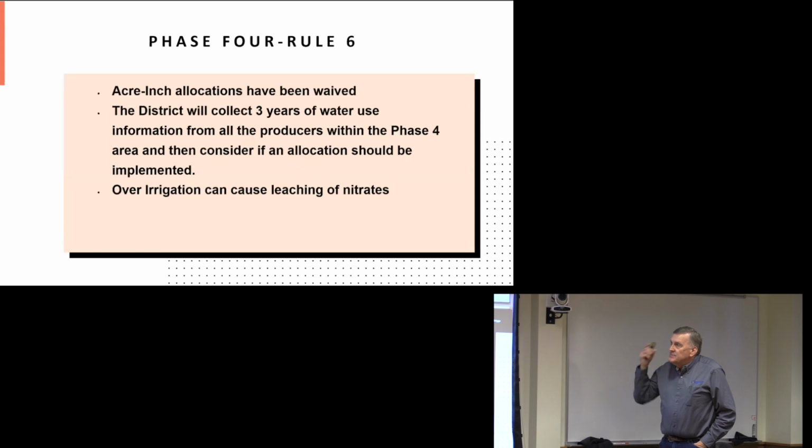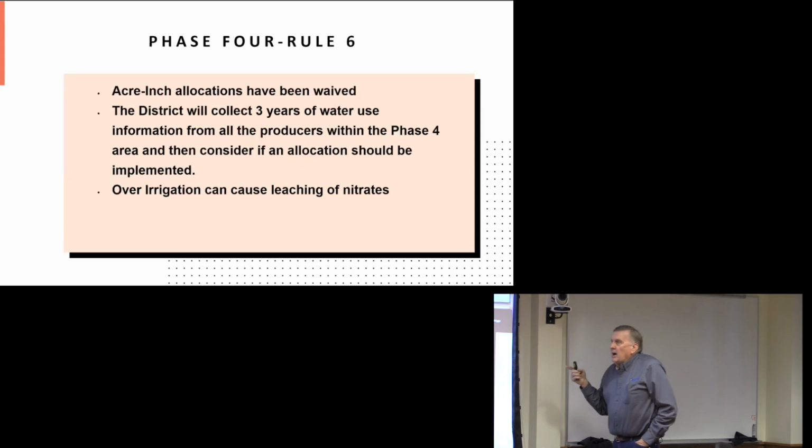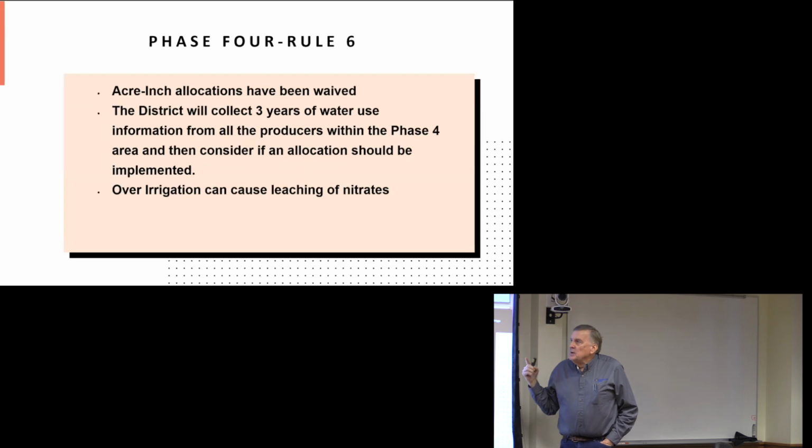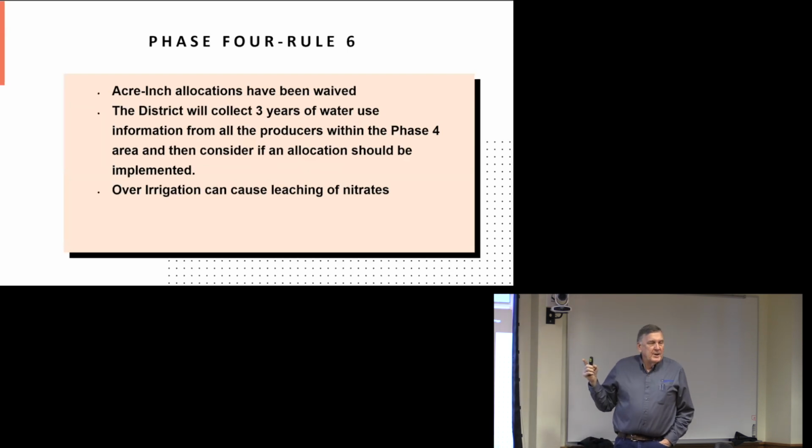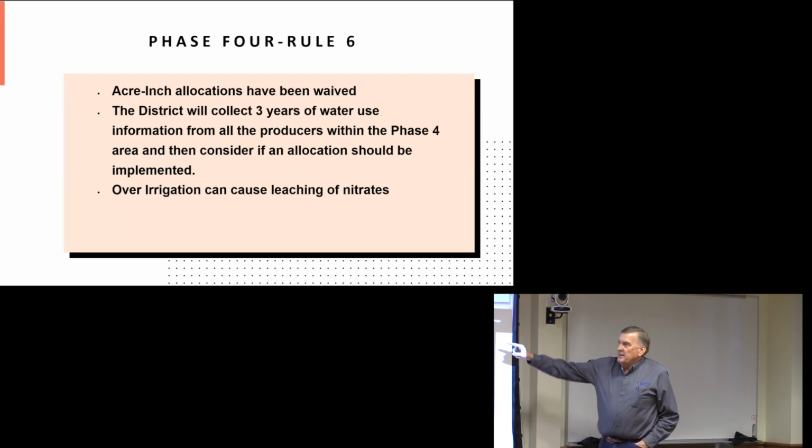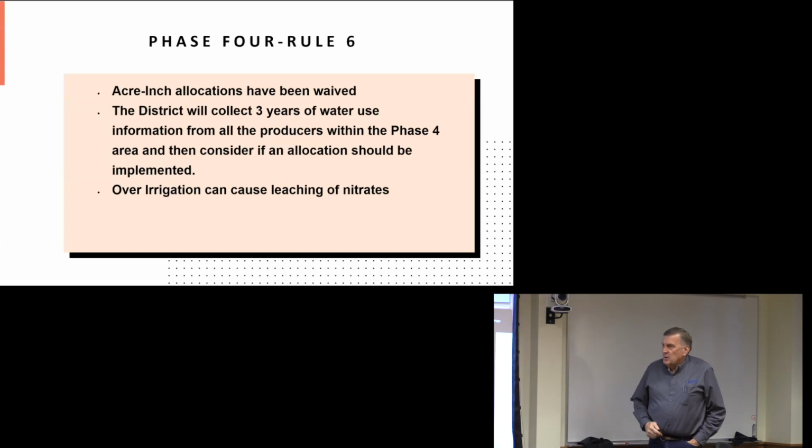And we do have acre allocations in the rules, but we're going to hold off for 3 years to get the meters on, get water use data, and see how much they're actually using, and then we may go back and look at the allocation side a little more.